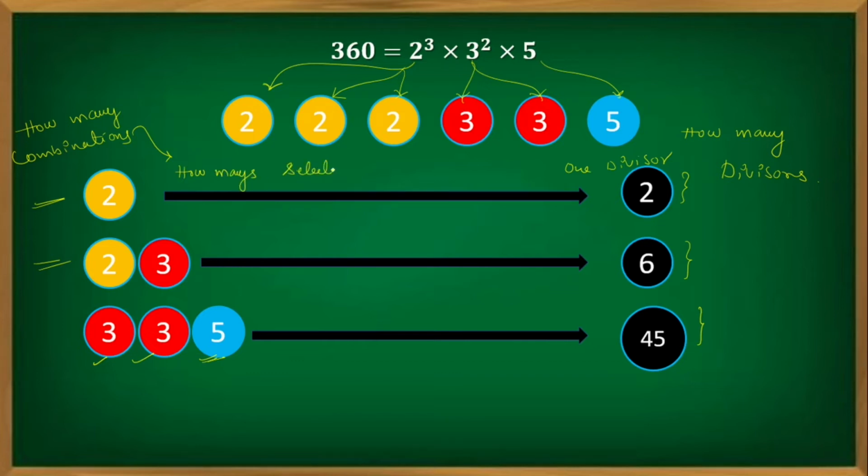That many selections, that many combinations, that many divisors. So now the final question is, how many ways can you select balls? So the question is actually the total number of selections, right?